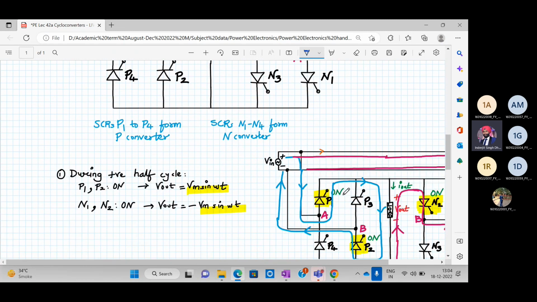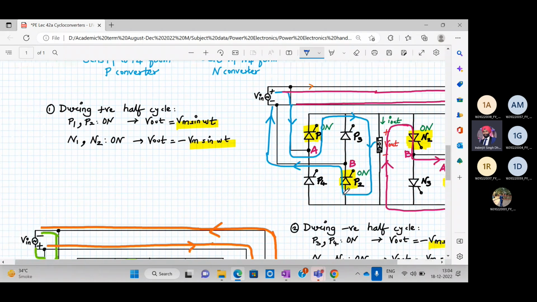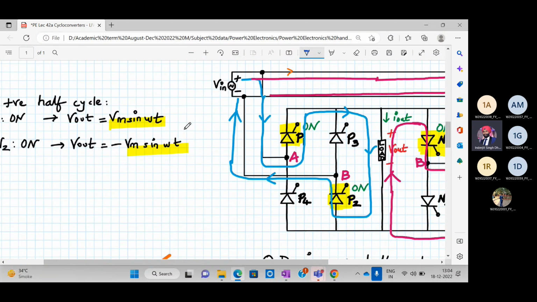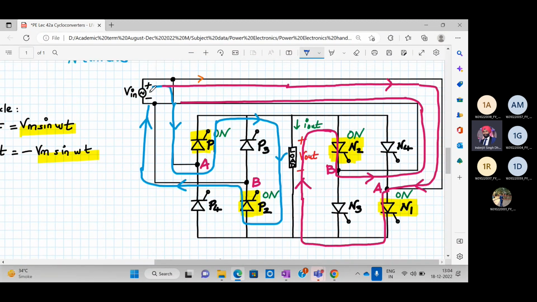Yes, sir. Okay. Now, during the positive half cycle, as I told you, P1 and P2 will turn on, and on the other side, N1 and N2 will turn on. So when P1 and P2 are turning on, let's see the working in detail. The positive half cycle will come from here, go through point A, then P1, then the load, then P2, then back to the supply. Now the same supply has been applied to the other side.